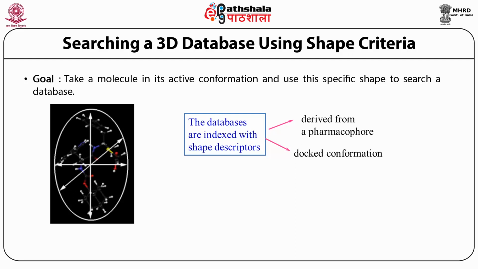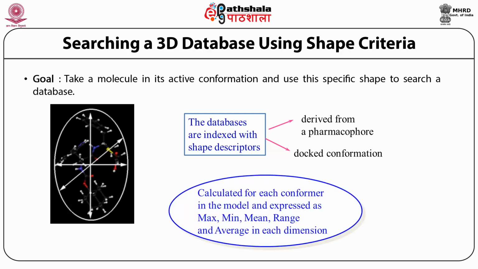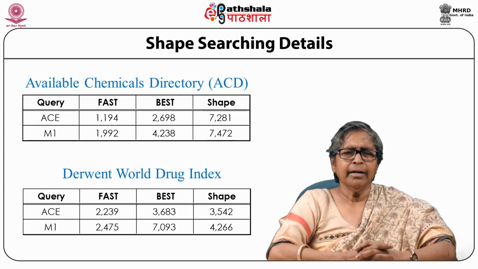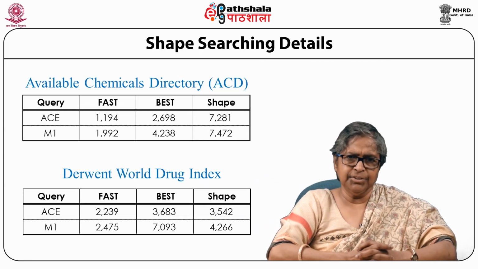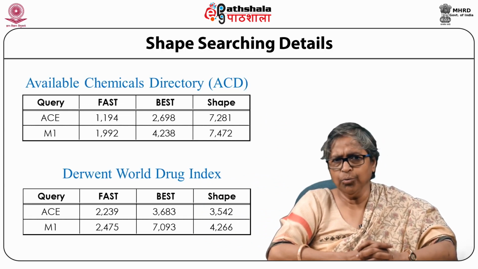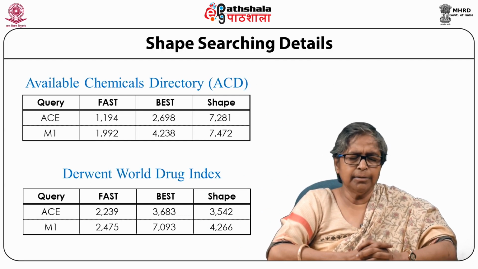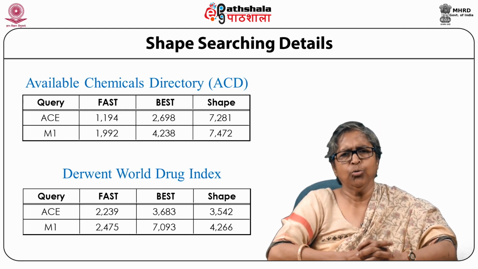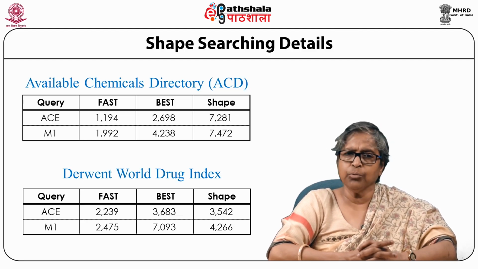And once we know all, we can find the range, minimum, maximum, average activity, etc., for all the molecules numbered or annotated in our 3D database. Here I show you the results of searching. Two queries were used. One is ACE, S active sites, where active sites were not known but inhibitor compounds for S were used, and M1 is from influenza virus inhibitors.